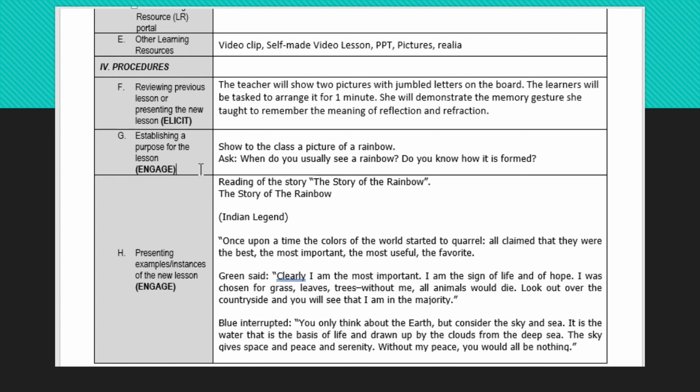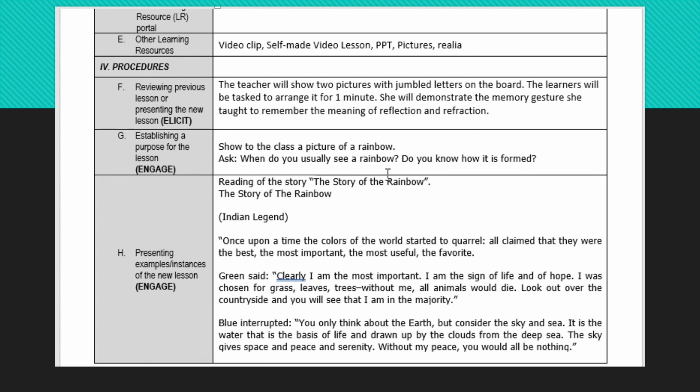Next is engage, commonly the part we call motivation. How do we establish the purpose of our lesson for that day? So, I showed them a picture of a rainbow. We ask lower order thinking skills questions, or LOTS questions. We should start our lesson with LOTS before we ask a HOTS question.